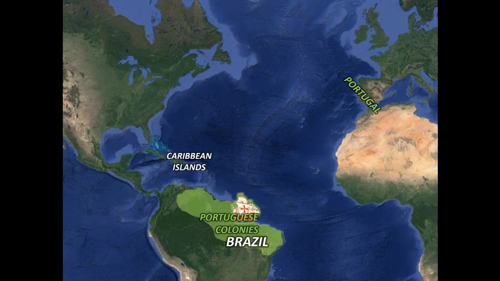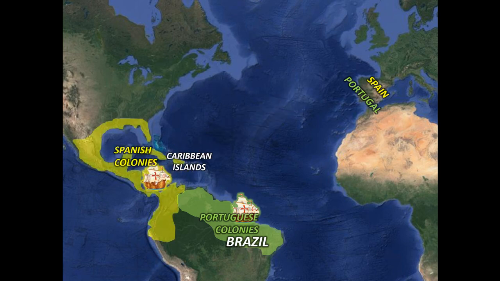We know that the Portuguese were busily colonizing Africa by the early 1500s, but their colonizing of the Americas was limited to Brazil. And the rest of South and Central America, including most of the Caribbean, was originally claimed by Spain. Pretty soon, the British would start setting up colonies further north, near where we live today, and we'll get into that in this lesson as well.